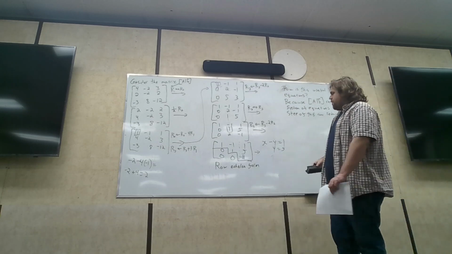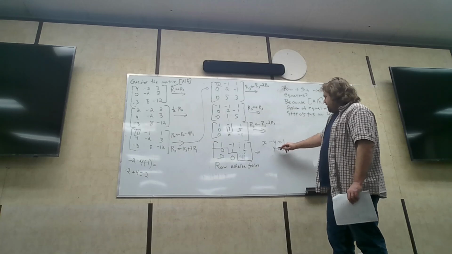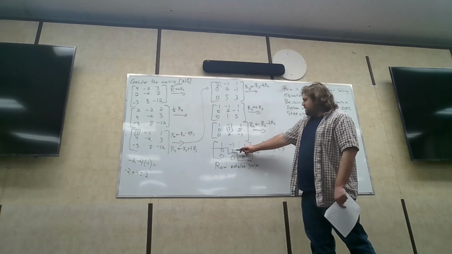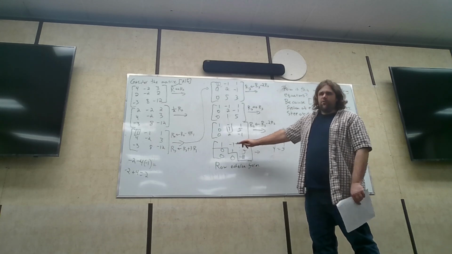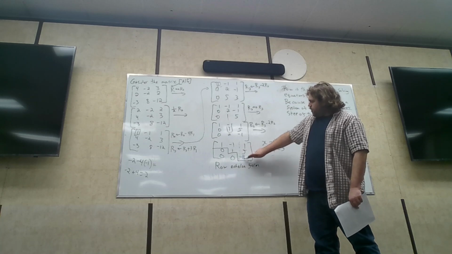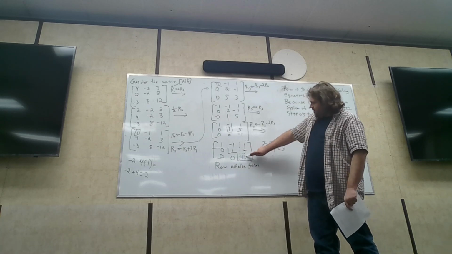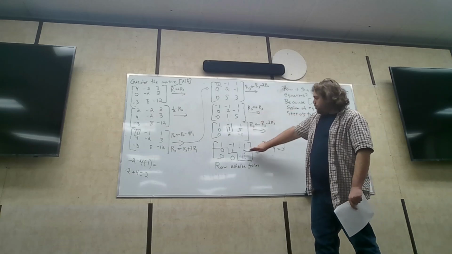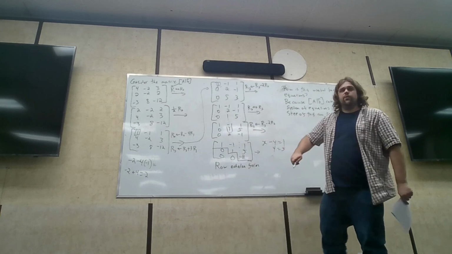But we want to do a little better than that. Because what's really happening here, we're plugging this in, but what that ends up boiling down to is adding this row to this row. So we can improve this process. Once we get down to here, we now go from the bottom up and add multiples of the bottom right thing upwards. And that will turn this into a 0, and this into a 0, and this into a 0, and so on and so forth.